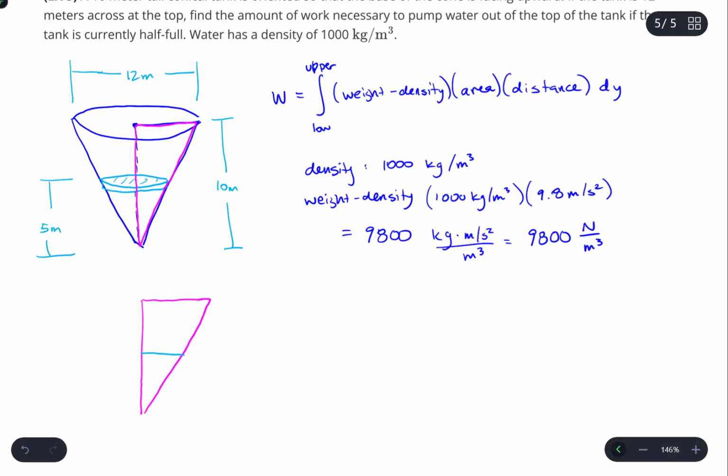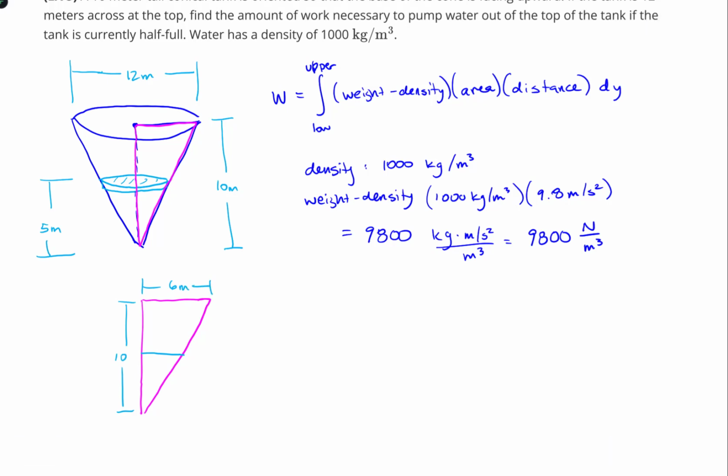I know that this length along the side is 10 meters, and I know the length along the top is going to be 6 meters because it's 12 meters all the way across the top of the cone, so that's going to be 6. Now this distance here, from here down, I'm going to call that y. That's going to be my current water level.